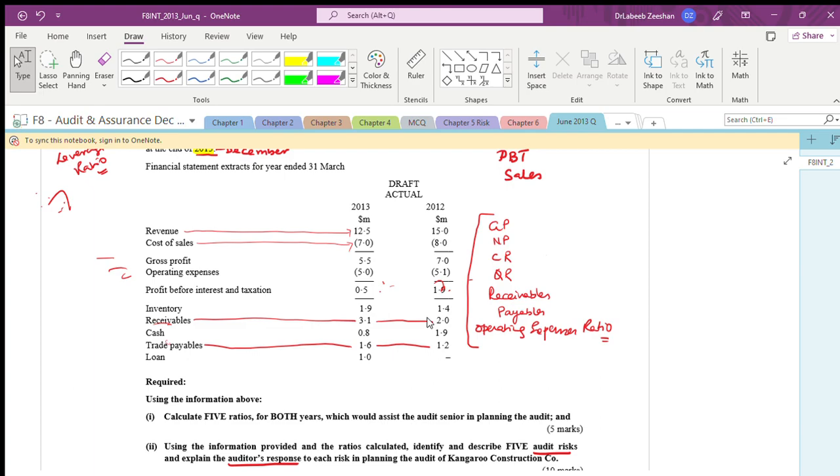Yes. Receivables how much? 3.1, 2.0. Just write down receivables 3.1, 2.0. Payables 1.6, 1.2. Revenue 12.5, 15. Sales 7 and 8.